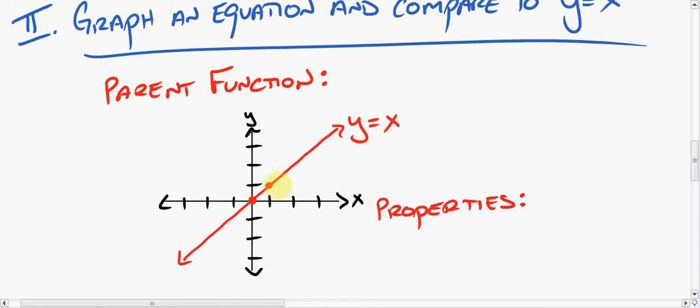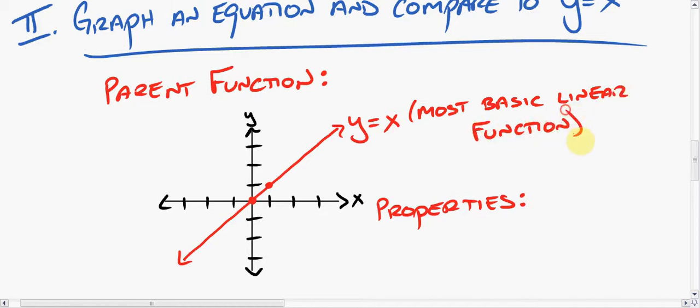It's just this parent function translated in such a way so it looks different in the xy coordinate plane. So this is our most basic linear function. And the parent function y equals x carries two properties.